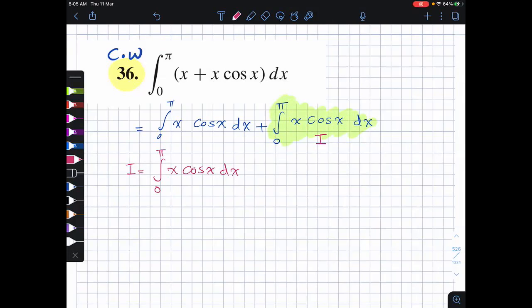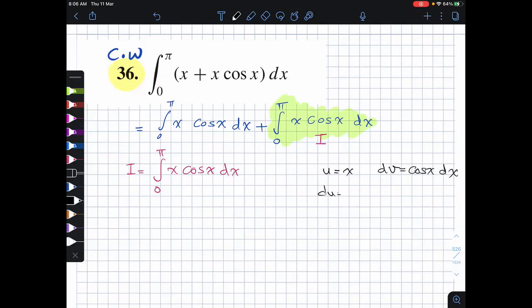We will say that u is equal to x, so we have dv equal to cosine x dx.